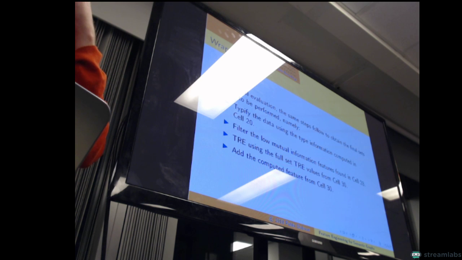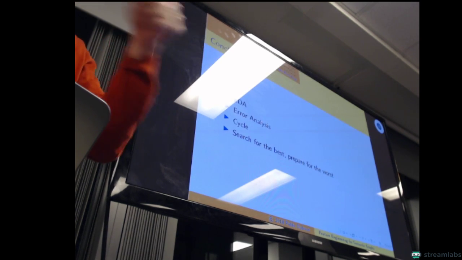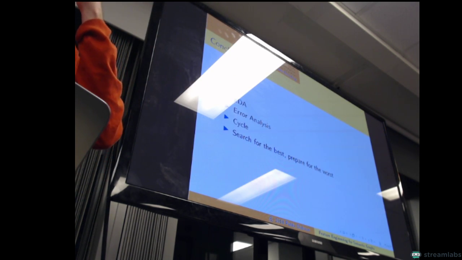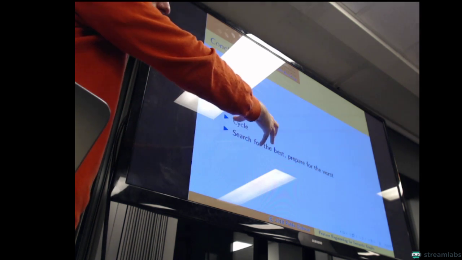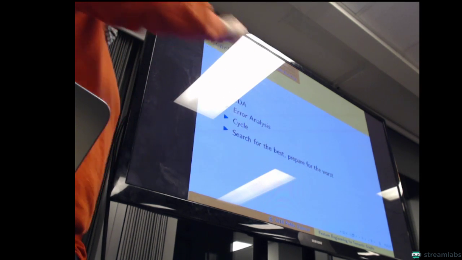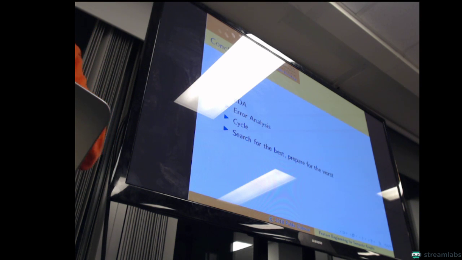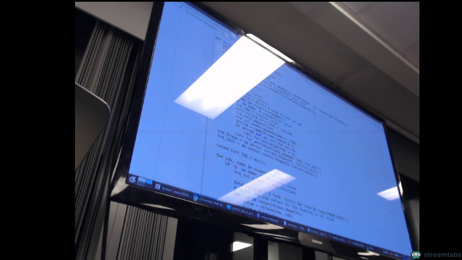So it's better to spend a little more time note keeping and less time trying to reverse engineer what you did at 3 in the morning on a Saturday. And again, search for the best, prepare for the worst. Try to also think of a more conservative feature set if you are really going all into feature engineering. And back to here.